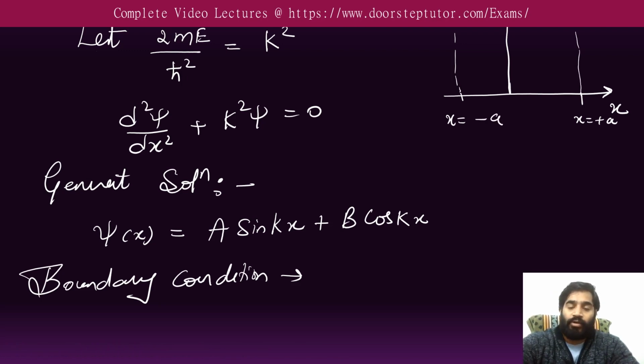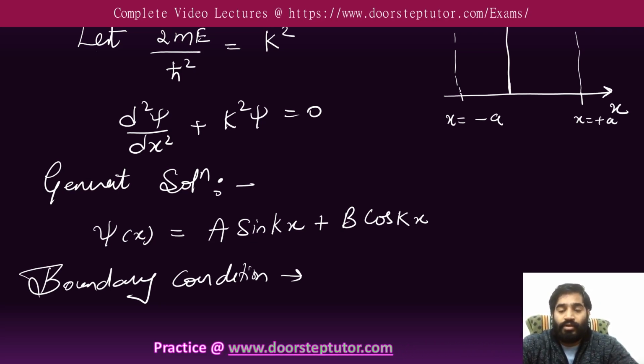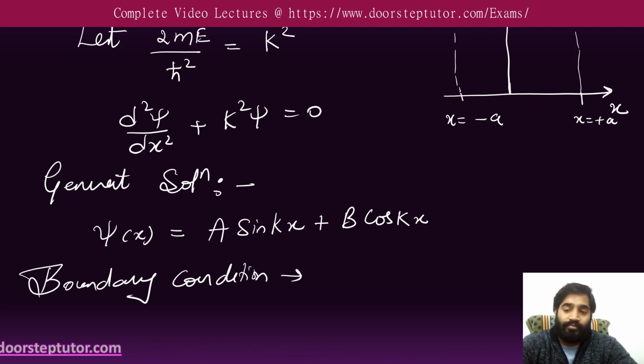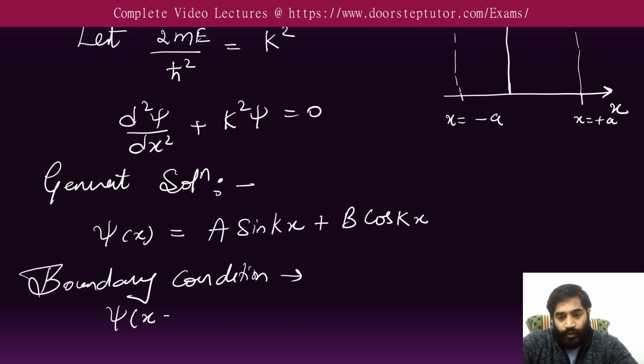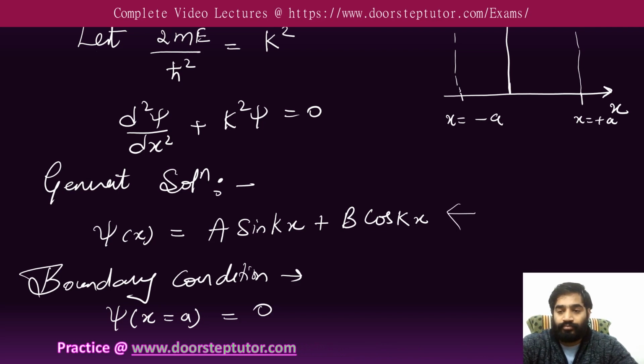Whole story is about the boundary here. If you see the boundaries, at x equals a the potential is touching infinity, so the function gets vanished. So at x equals a, psi is 0.